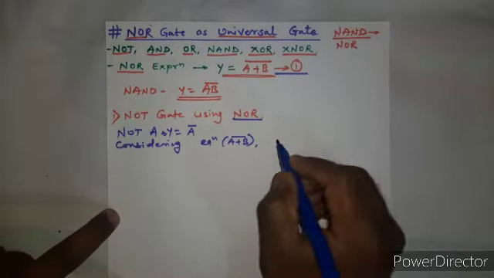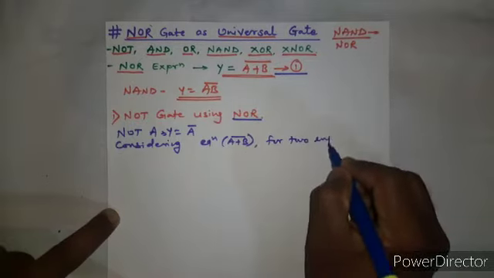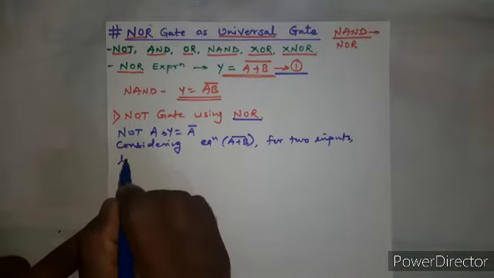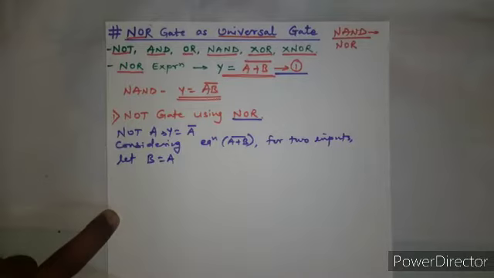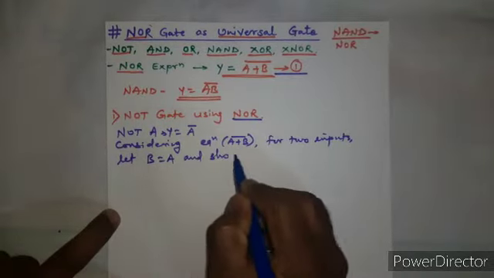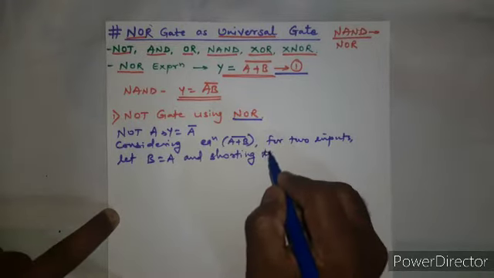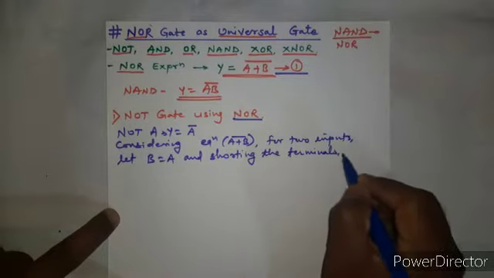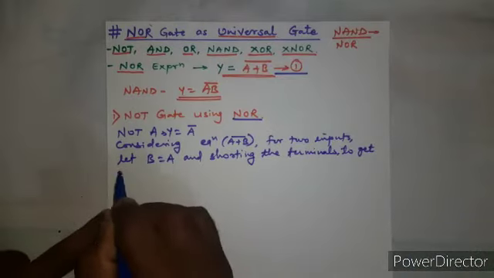So considering equation 1, for two inputs, we consider let b equal to a, right, and shorting the terminals to get one terminal.